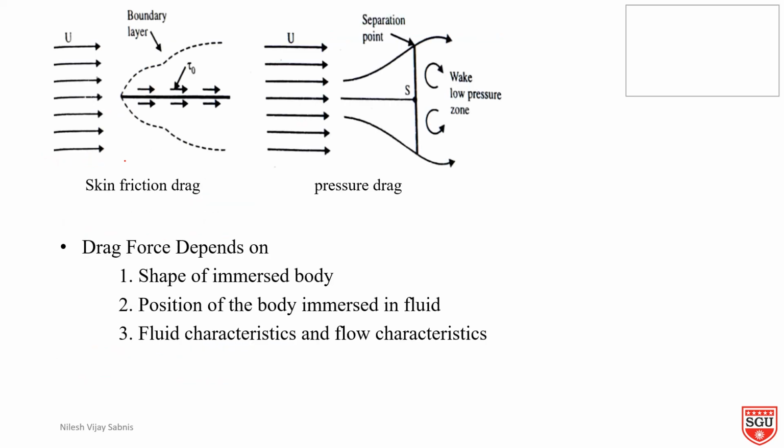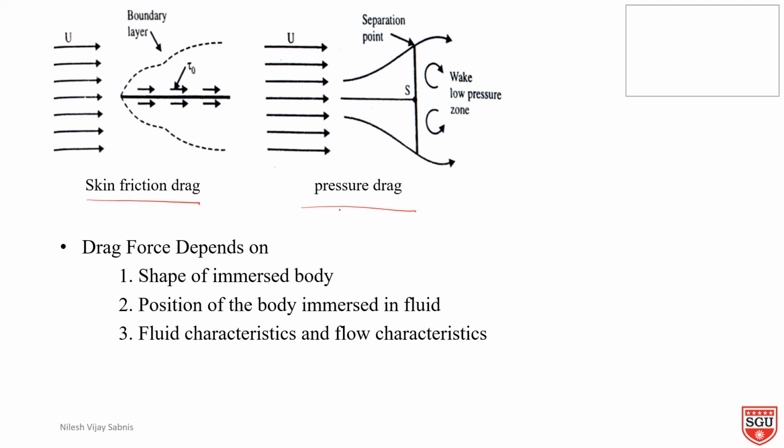Here you can see friction drag and pressure drag. One body is kept in the direction parallel to the motion. Only shear force will act and the boundary layer is formed.